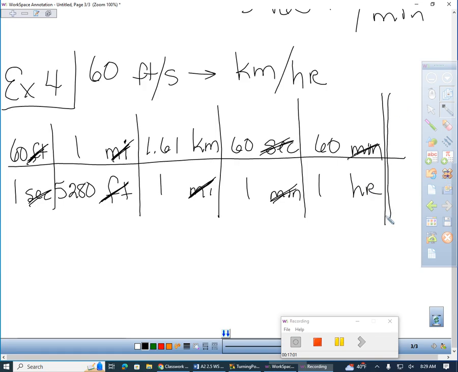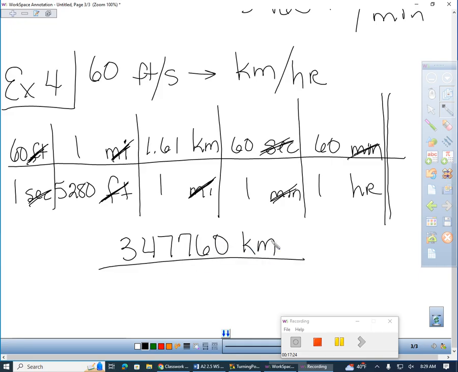On the top, we're going to multiply 60 times 1 times 1.61 times 60 times 60. So on the top, we have 347,760 kilometers.